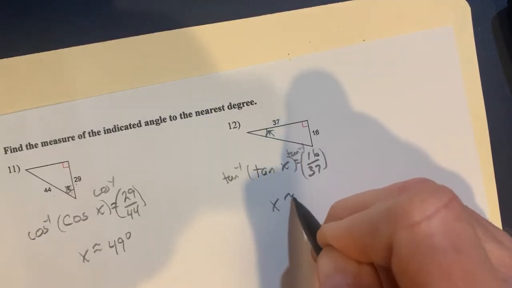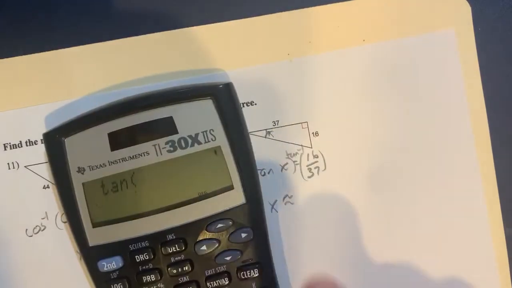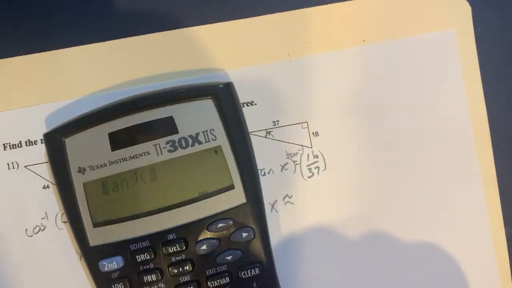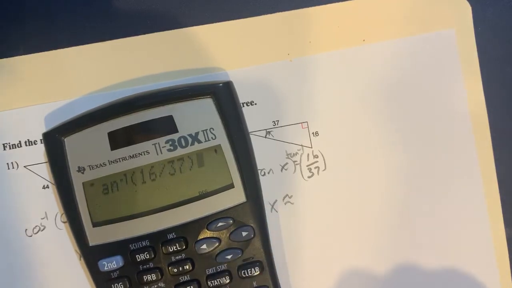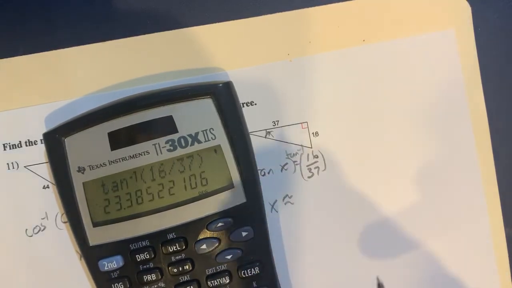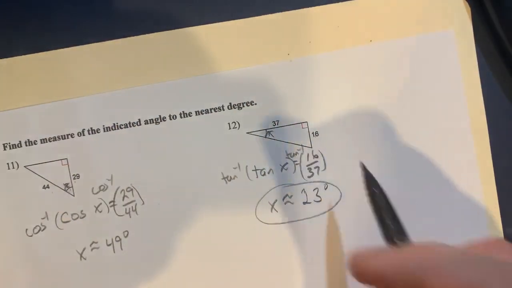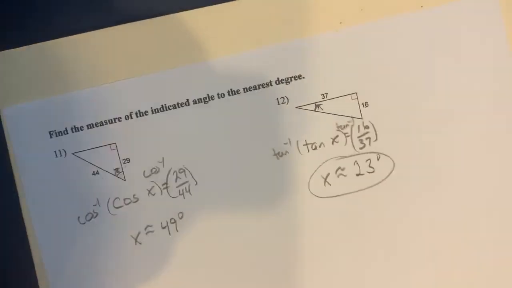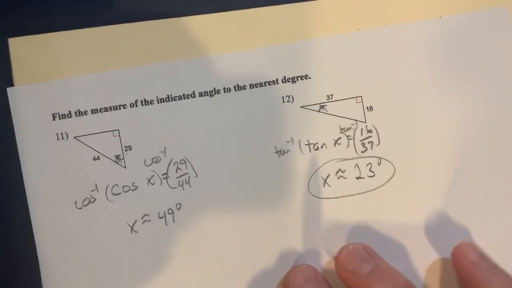So x is about, just going to type that in. Clear that out. Second tangent, 16 divided by 37. And I get 23 degrees. Okay, and so that's the process of using trigonometry to find missing angles.